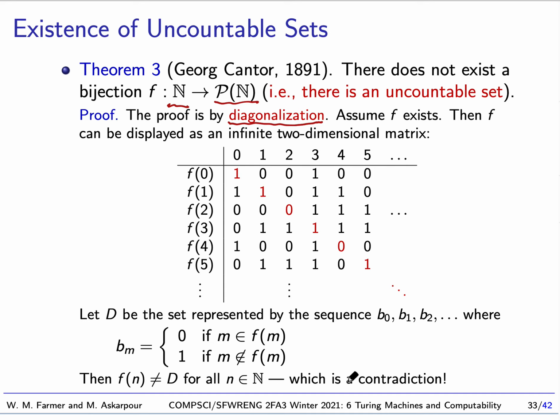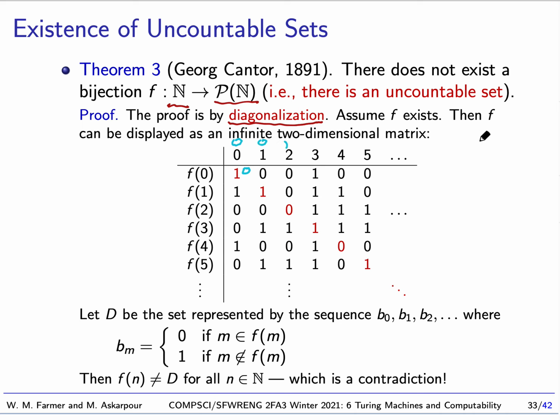Okay, so if you look at what beta m will be, let me use a different color here. Beta m will have a 0 here, because we had a 1 here. You'll have a 0 here. And because there's a 1 here, you'll have a 0 here. And because there's a 0 here, I'll have a 1 here.